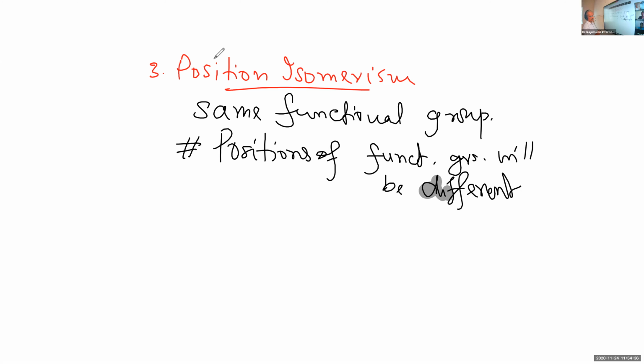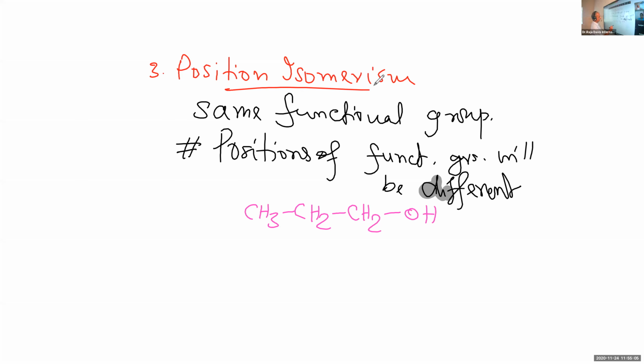One is CH3CH2CH2OH. The molecular formula will be C3H7OH.